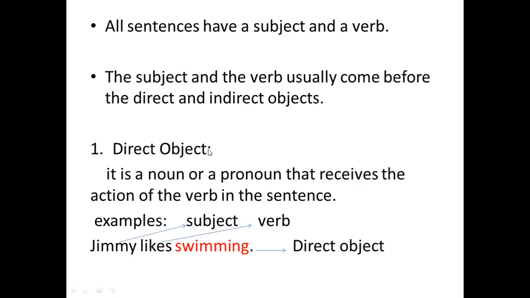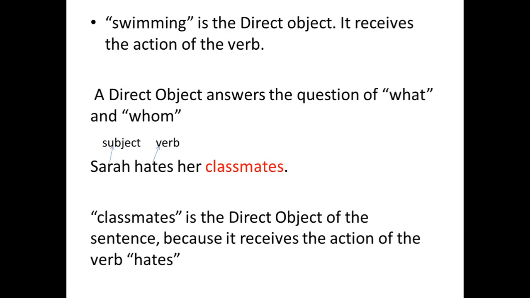So let us explain this. Look at the example below. Jimmy likes swimming. So we know that Jimmy is the subject, likes is the verb, so swimming is the direct object. Why? We said that a direct object always answers the question of what and who.